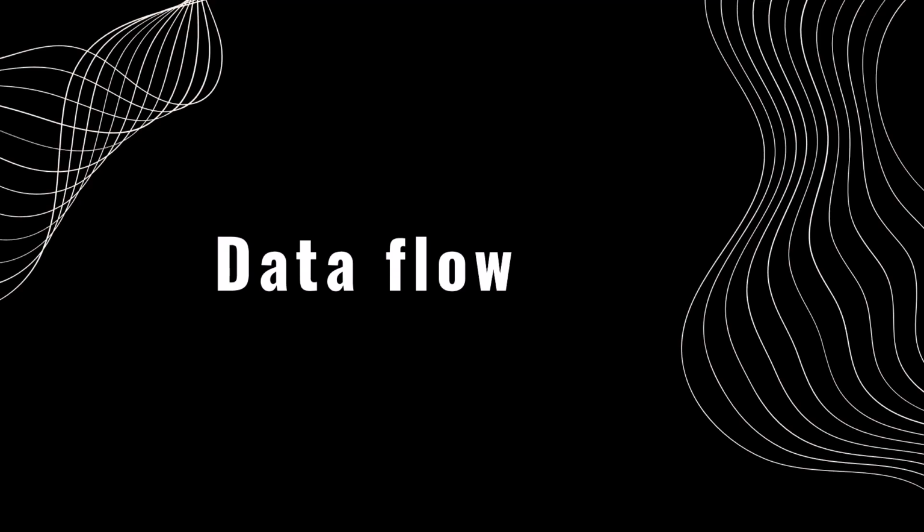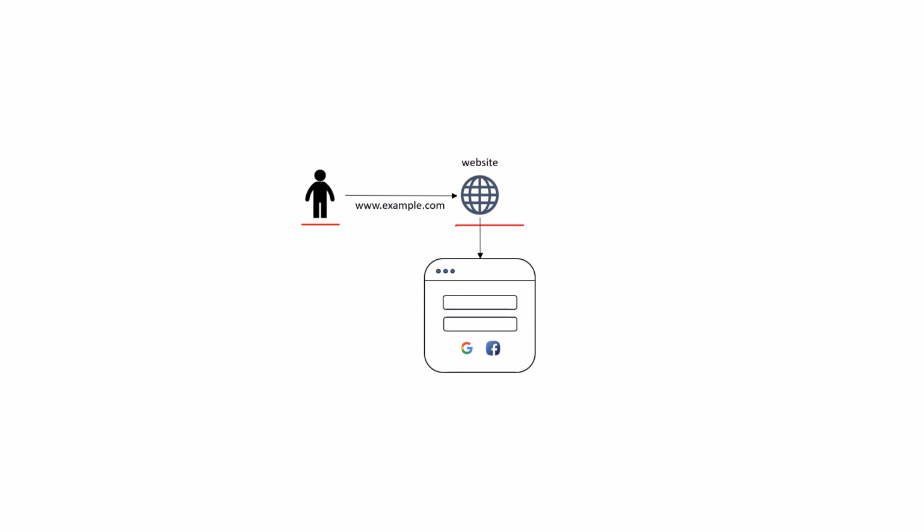Now let's see the data flow of OIDC. Imagine a user wants to access a website. This website can be Spotify or, in our case, let's say www.example.com. The user will hit this website and try to access its content, but the website will not allow it and will ask for authentication.